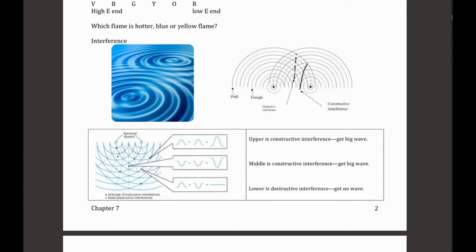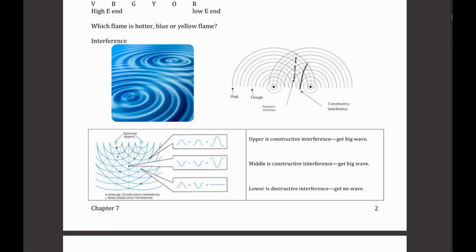Where two troughs meet, they make for a big trough, again, constructive interference. Where a crest and a trough meet, they make for what we call destructive interference. They make for no wave.